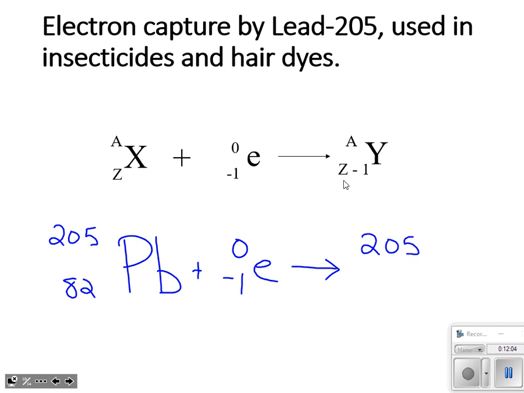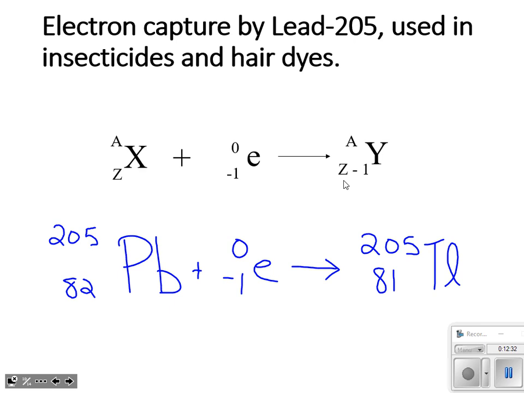Z is 82 minus 1. Seems to me like that's 81. Element number 81 is thallium. Thallium's not Th. Thallium is T, and I'm going to put that lowercase l, like a cursive l, because sometimes I have trouble with lowercase l's and capital I's.